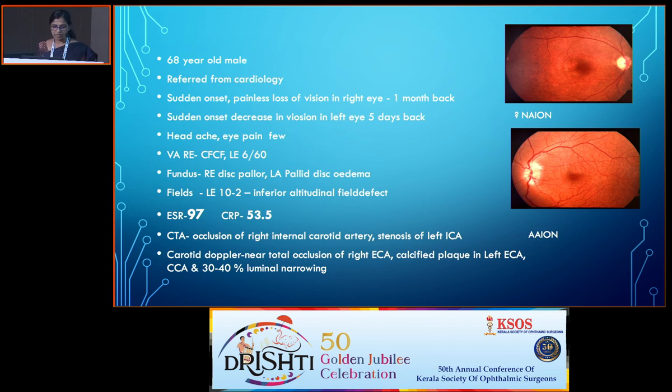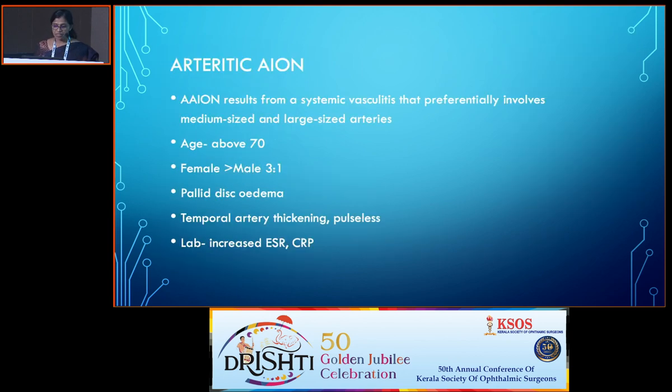ESR and CRP were raised, and imaging showed occlusion of the internal carotid artery and external carotid artery. So there is a combination of NAION in the right eye and arteritic AION in the left eye. He was started on steroids and anticoagulants.